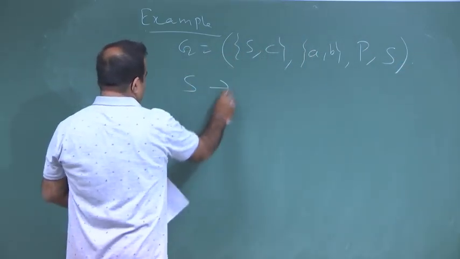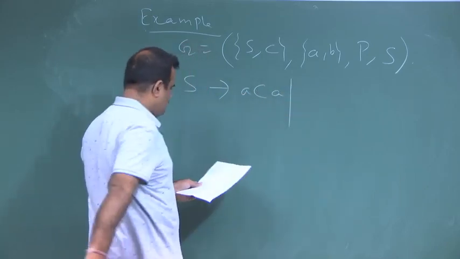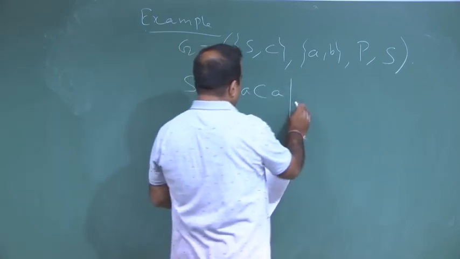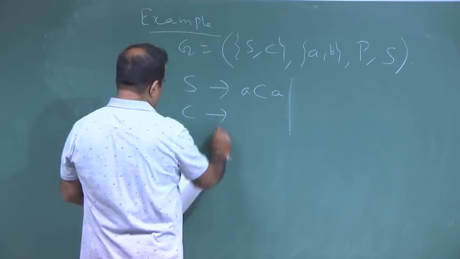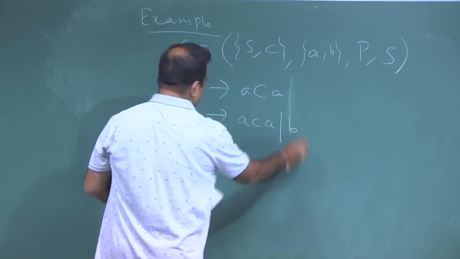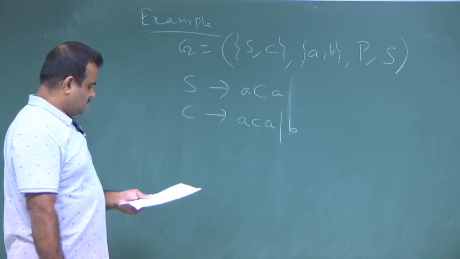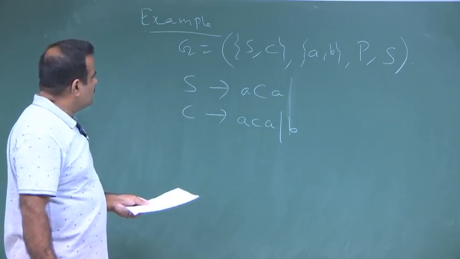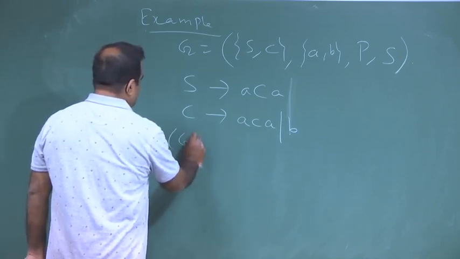P consists of, say, S goes to A C A, or S goes to S C A, and C goes to A C A or B. Okay. Now, can you tell me what is the language corresponding to this? What is L of G?